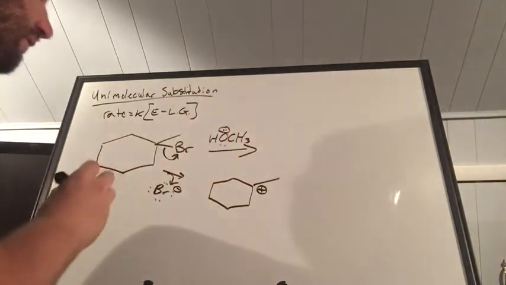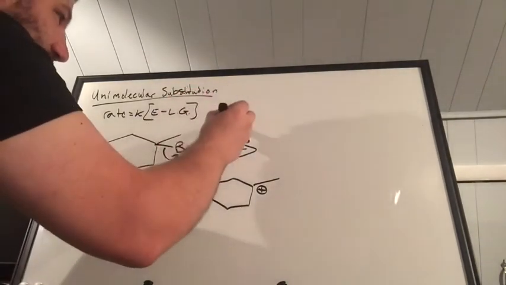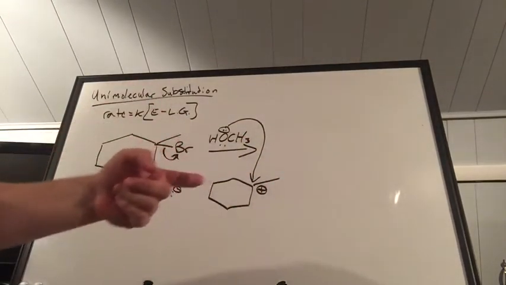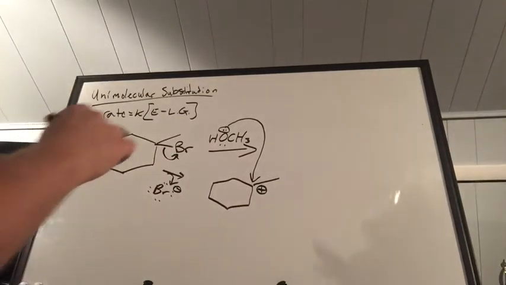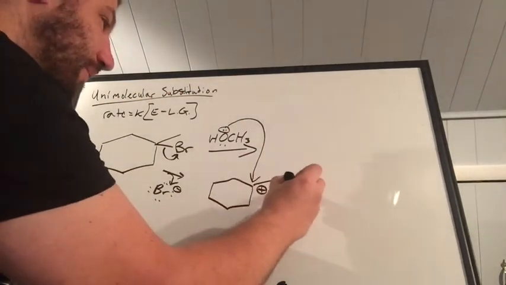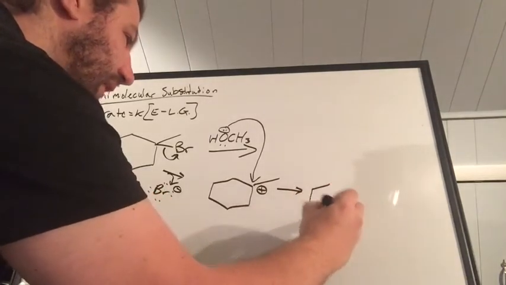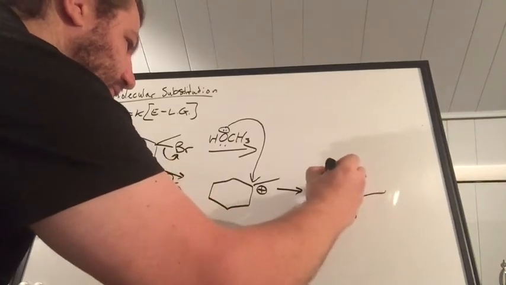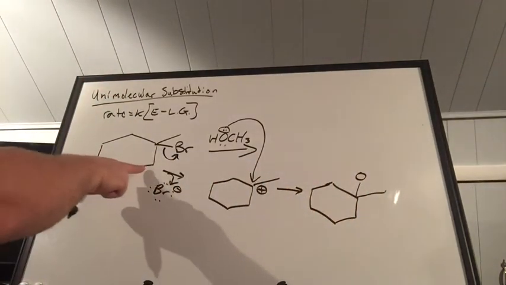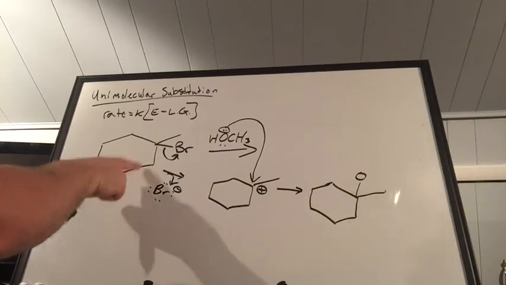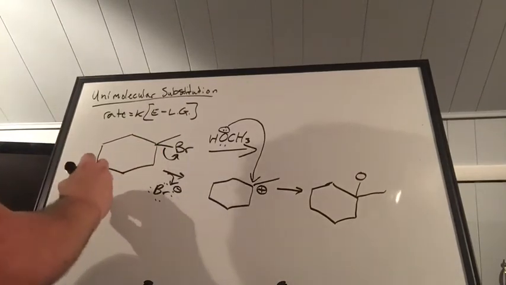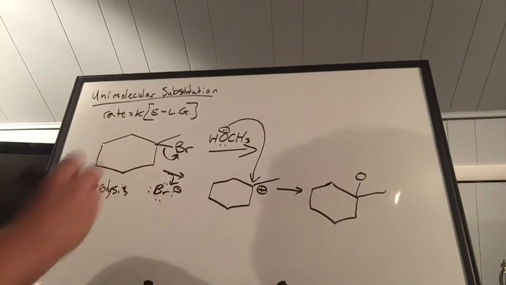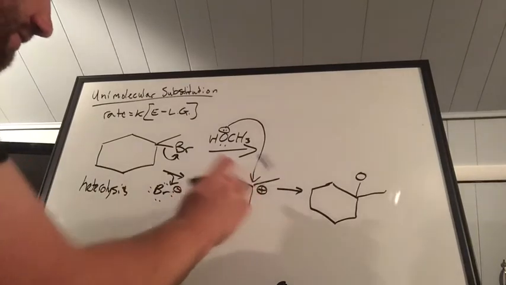So methanol says, here's my shot. I can come in through the front door or come in through the back door. Take that for what it is. Reaction coordinate. And notice here how there is a positive charge throughout everything following heterolysis. So this is the heterolysis step. And then this is the coordination step.